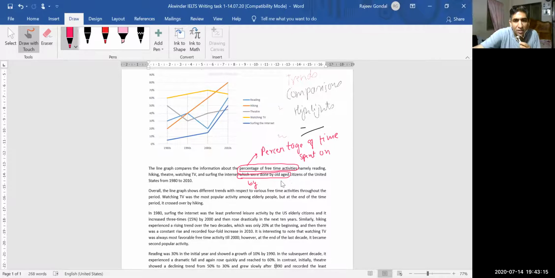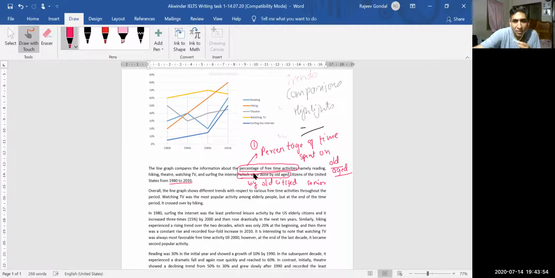You can either say old citizens or aged citizens. There is no need to say old aged citizens. Aged means old and old means old. So you can simply say by old citizens, or aged citizens, or senior citizens. This is also a good word: senior citizens of the United States from this time to this time.